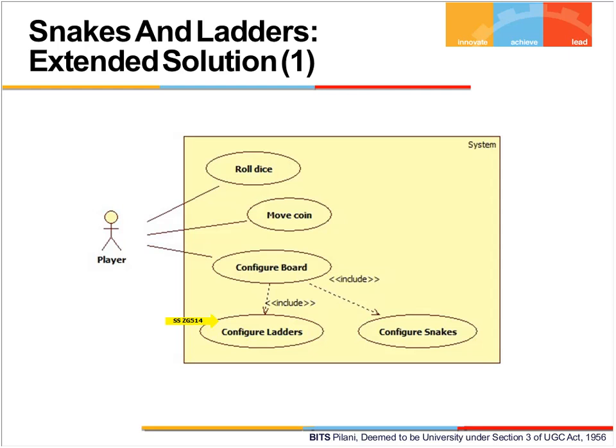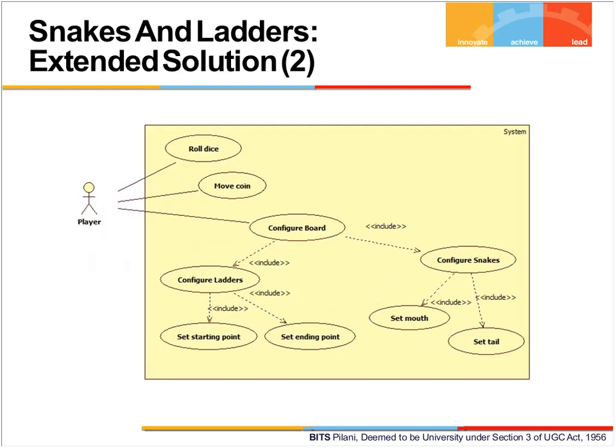If your case study describes that there is a main use case and there are sub use cases, then you must capture those sub use cases. Yes, this includes is represented using a dotted line with an arrow pointing towards the sub use case.